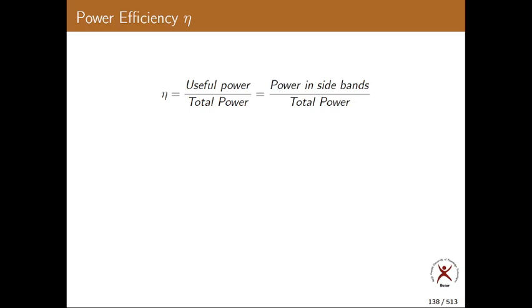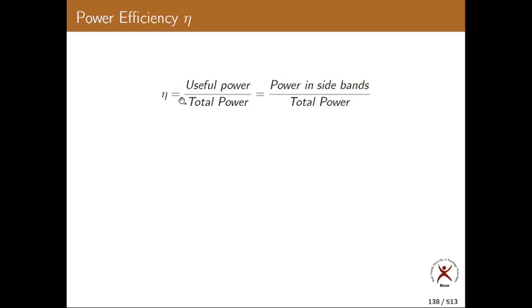In AM we have three components in the spectrum: two sidebands and one carrier. The carrier does not convey any information. The simple carrier does not carry any useful information. Whatever the useful information is, it lies in the sidebands only.